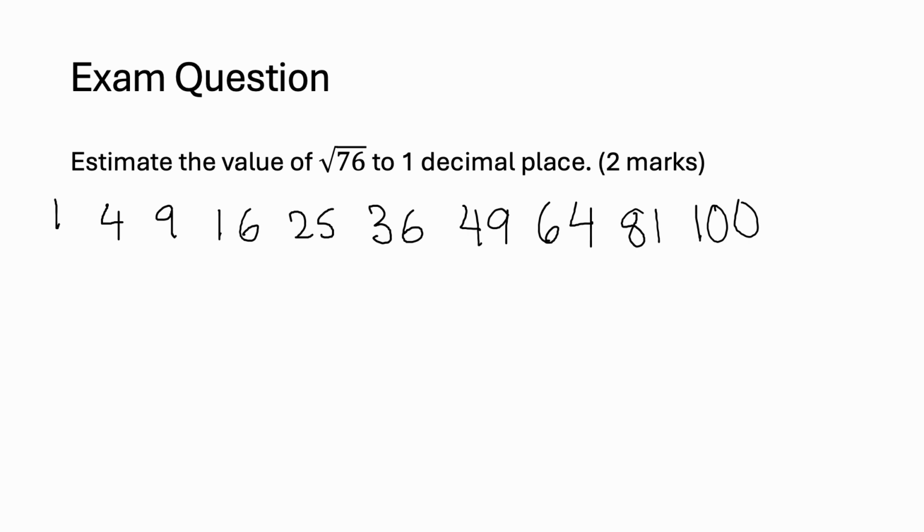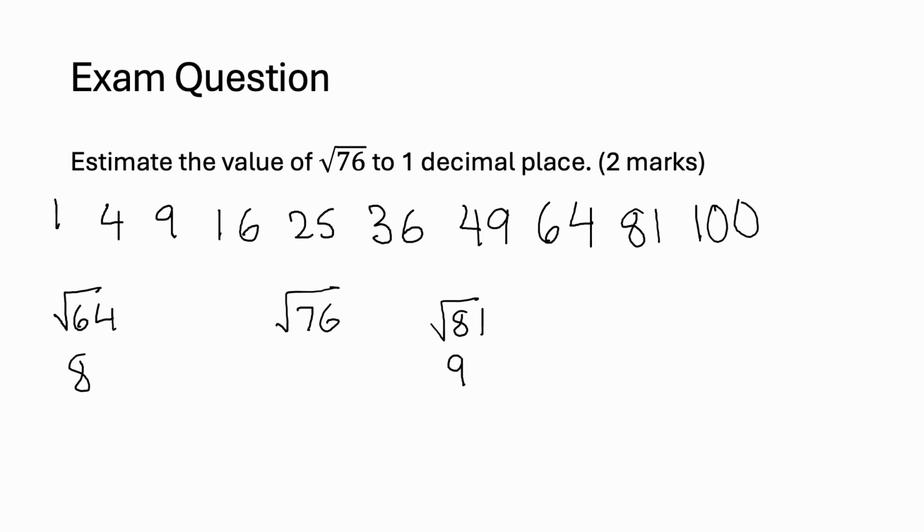Okay, so root 76 we can see is between the square numbers of 64 and 81. So root 64, root 76 is in the middle there, and then we have root 81. Root of 64 is 8 and root of 81 is 9.